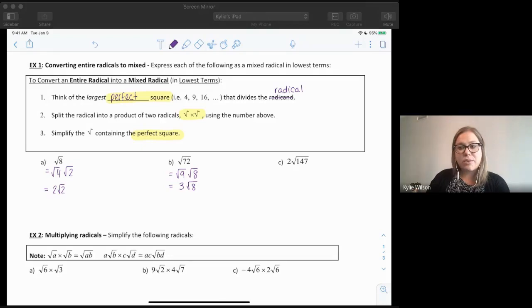And then I want to keep going. So I can still simplify root 8. So just like we did in example A, root 8 is root 4 times root 2. And root 4 is just 2, so I'm left with 6 root 2. And that is our final answer.